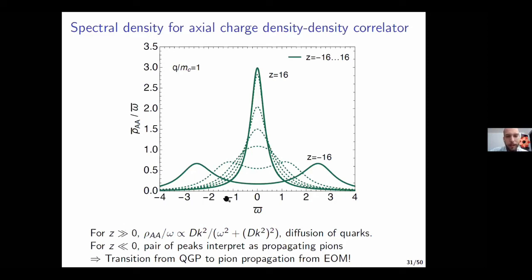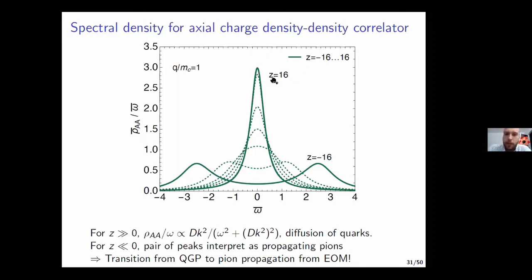Now this plot is a little different. It is plotted against the frequency divided by some constant, which is what the overbar denotes. The different curves correspond to different temperatures, or different z.